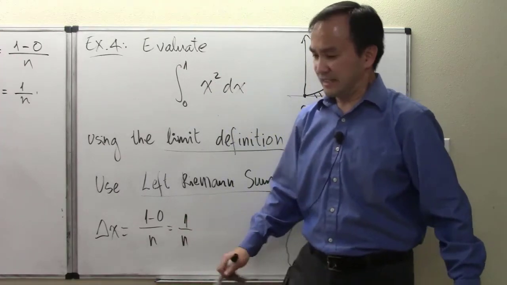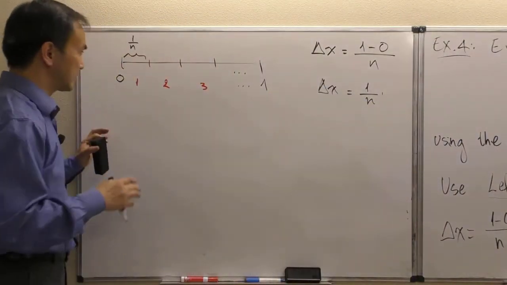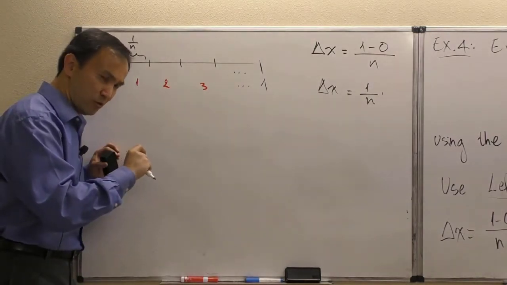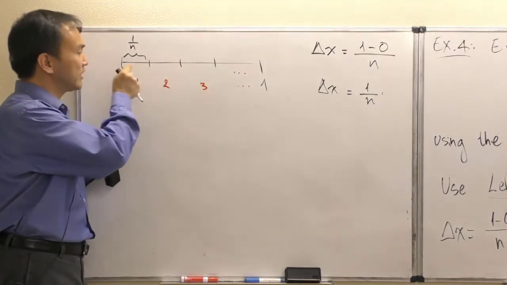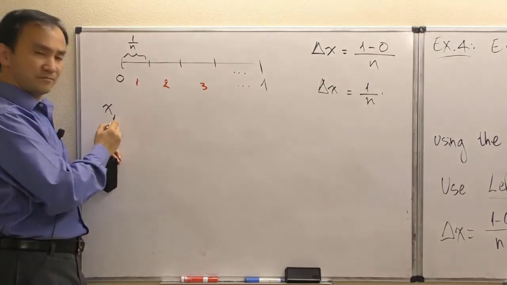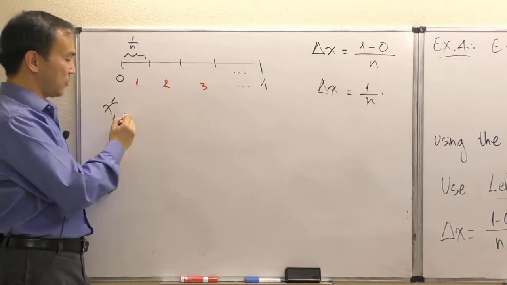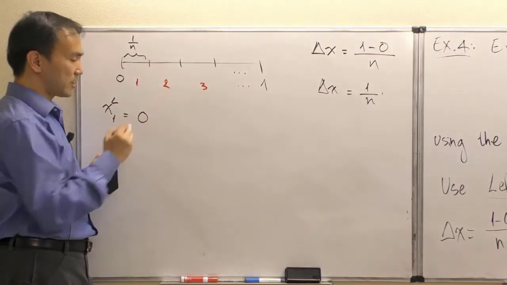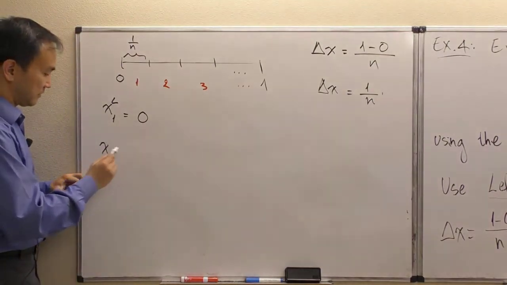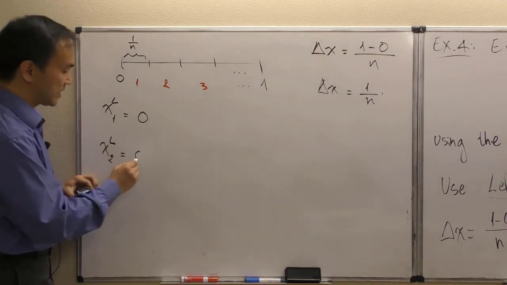Now, back on my other board where I was still performing the scratch work, think about this. Again, I'm reminding you that we are using the left Riemann sum, so in each interval I'm looking at the left endpoint. On the first interval, the left endpoint is going to be 0, because that's the starting point.